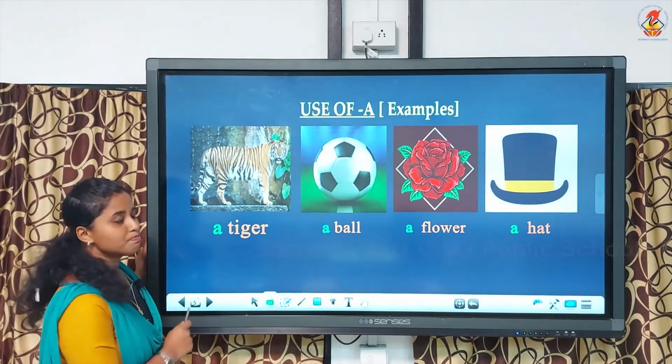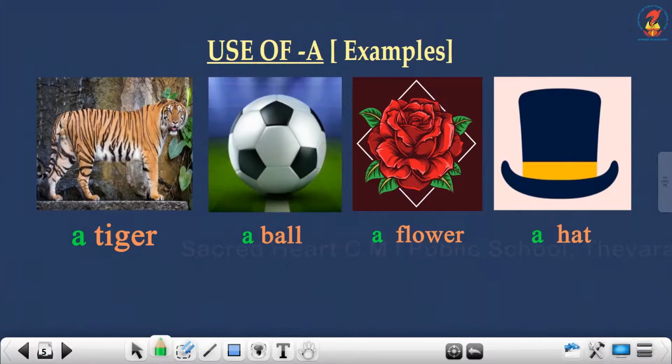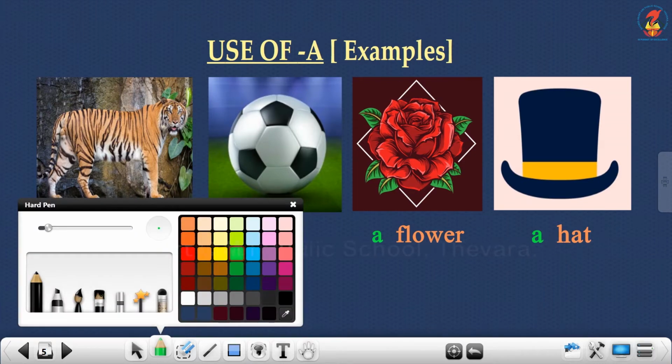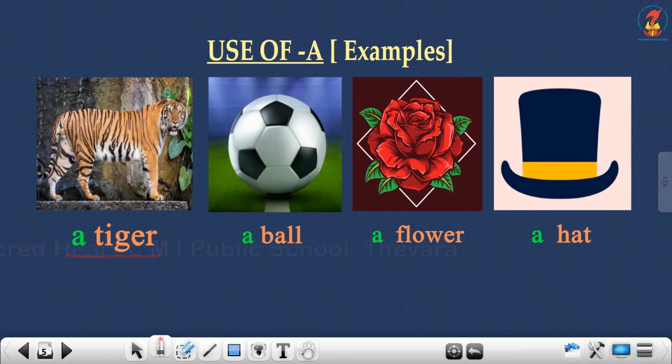The first picture is a tiger, isn't it? So I have written here a tiger. Repeat, a tiger. The second picture is a ball. What is it? A ball. What about the third picture? Yes, it's a flower.